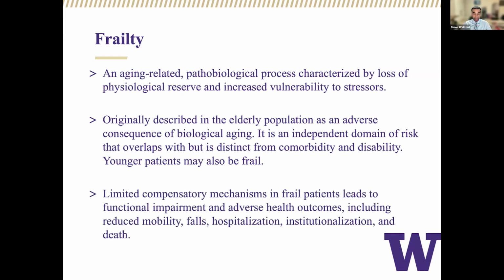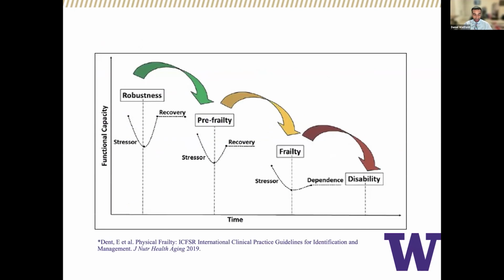There are limited compensatory mechanisms in frail patients that lead to functional impairment and adverse health outcomes. This may include reduced mobility, falls, hospitalizations, institutionalization, as well as increased mortality or death. I show this figure here because I think it demonstrates the cascade of functional decline in patients, starting from independence or being quite robust, all the way through to becoming frail or even disabled.